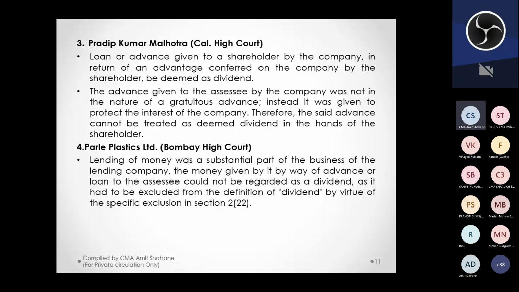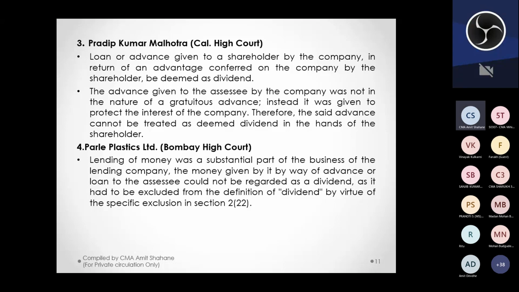So let's say there are two shareholders and one of them has done some favor for the company, and because of that the company has given him the loan. Now two shareholders are not treated at par, and therefore it is held that the advance given to the assessee by the company was not in the nature of gratuitous advance. Instead, it was given to protect the interests of the company, and therefore the said advance cannot be treated as deemed dividend in the hands of the shareholder.